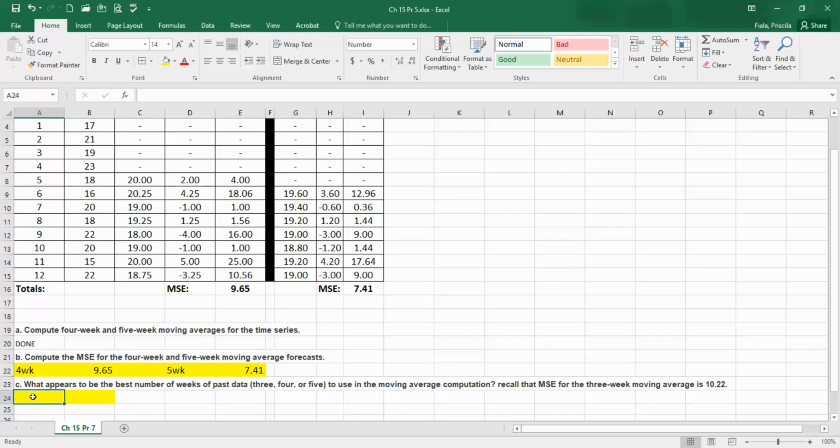So definitely, for the amount of data that we have, the best MSE is for the 5 week moving average, which is the smaller. And then you would be done with problem 7.